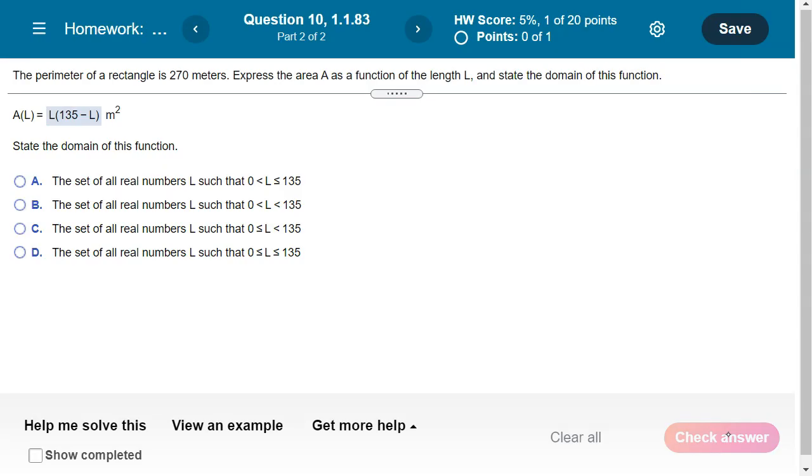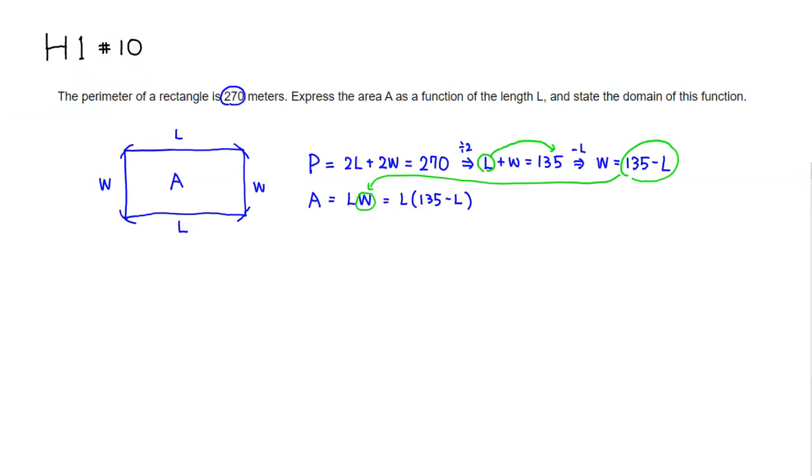The next part is we have to state the domain of the function. As you can see, the perimeter is 270, so the longest length that we can have is probably 135. Then the width is going to be 0 anyway.